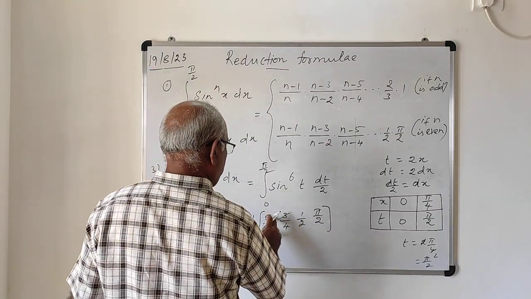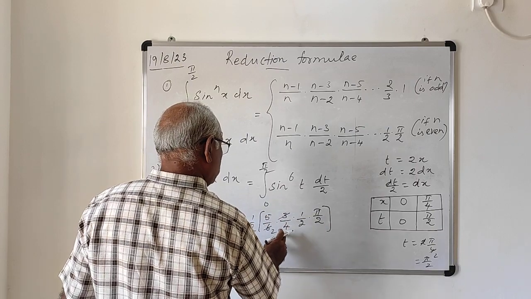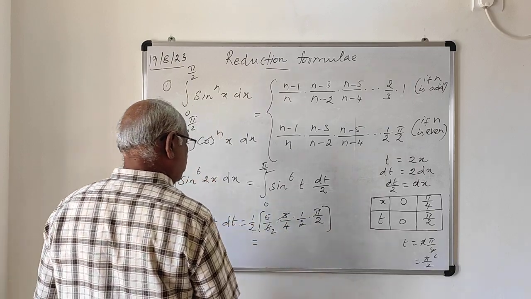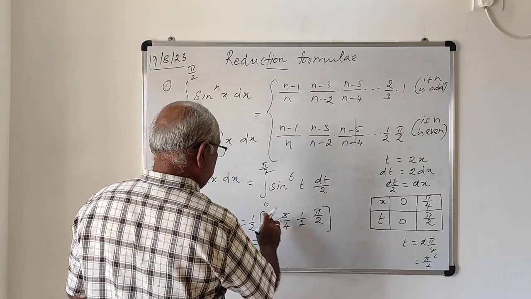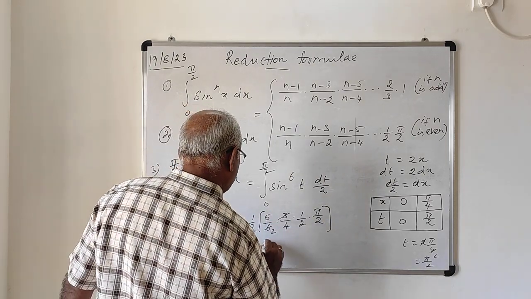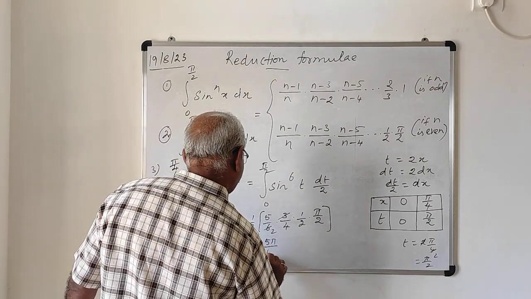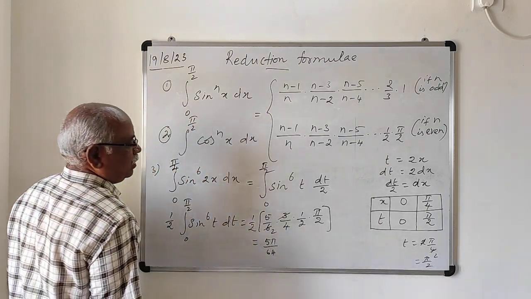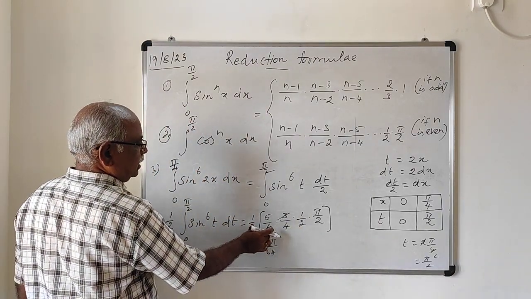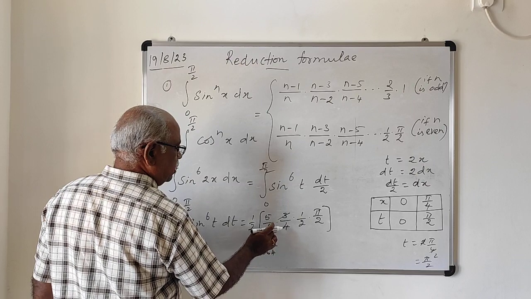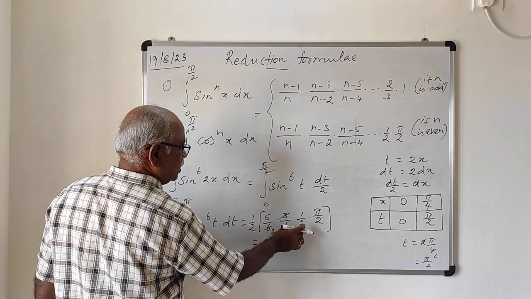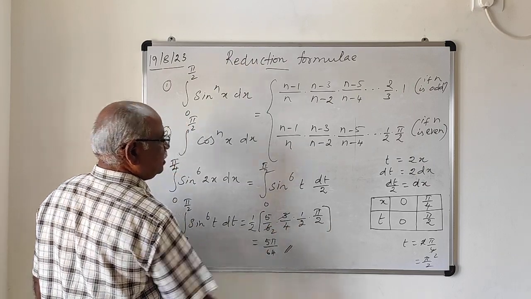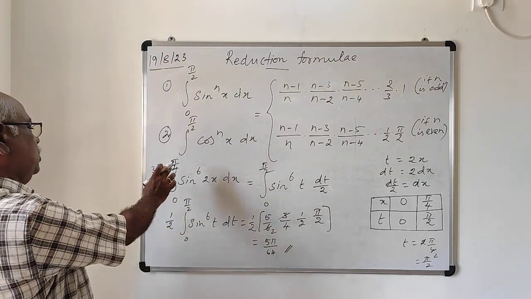So you will get 5, 2 4s are 8, 16, 32, 64. 5 pi by 64. Because 1, 2, 3s are 6, 5 by 2 to the 4, 16, 32, 64. 5 pi by 64. That is the answer for this problem.